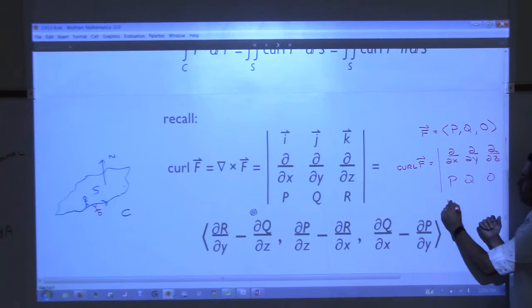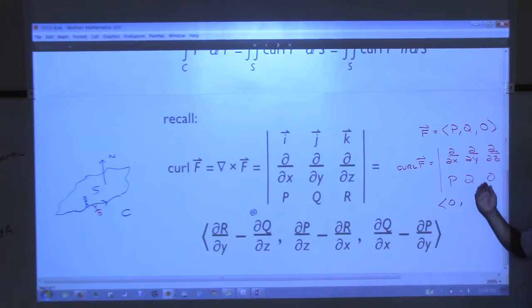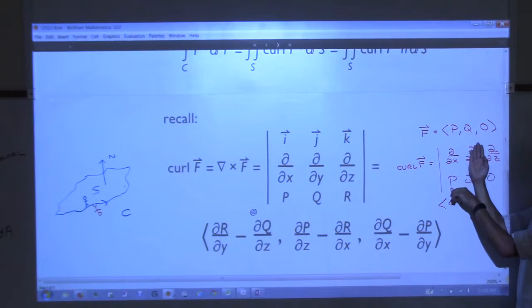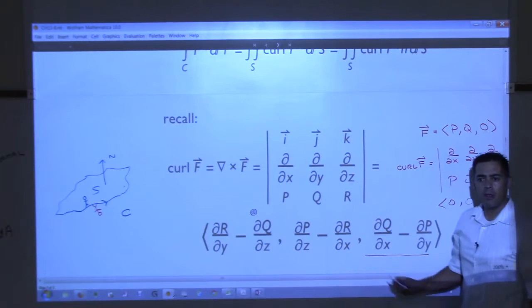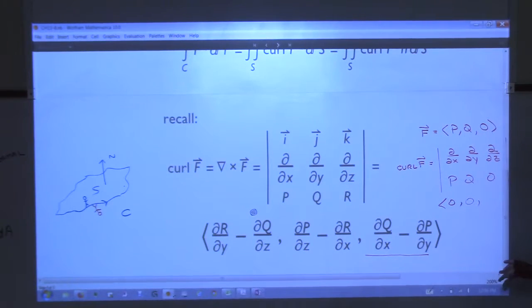So we get our first part would be 0. The second part, cover this up, we're going to get partial with respect to z of P, again would be 0, and this one would be 0. So we're going to get 0 here. And then what would our last piece be? Partial of Q with respect to x minus partial of P with respect to y, right? Which is this piece right here. That's all you get.